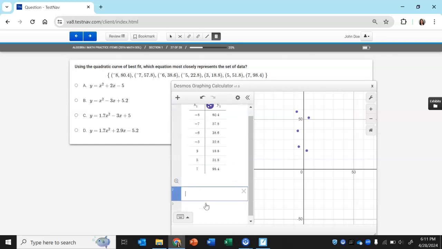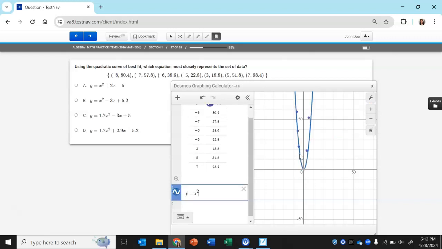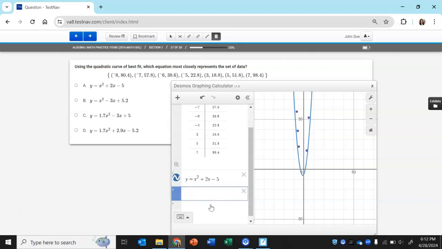Now you have the option, which is the easiest option, to graph all of these and see which one best matches this graph. I guess we can start with that, and then from there we'll check using the regression formula. But at least I can eliminate a few. That looks okay. It's following that shape, so I'll leave that one.